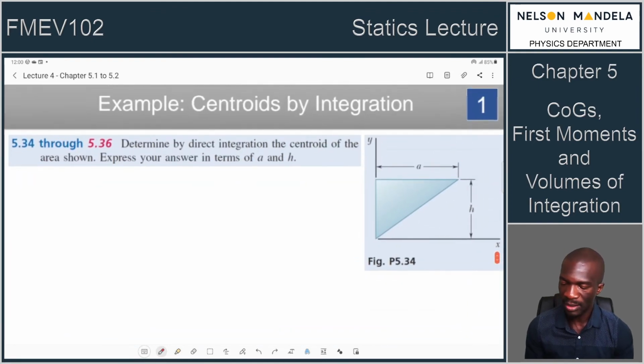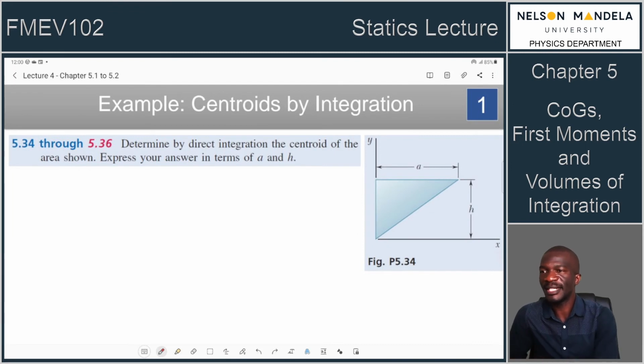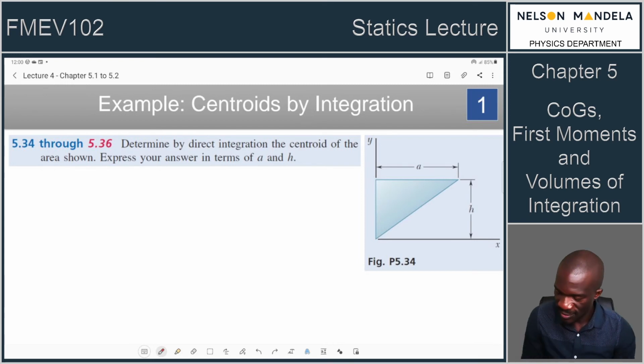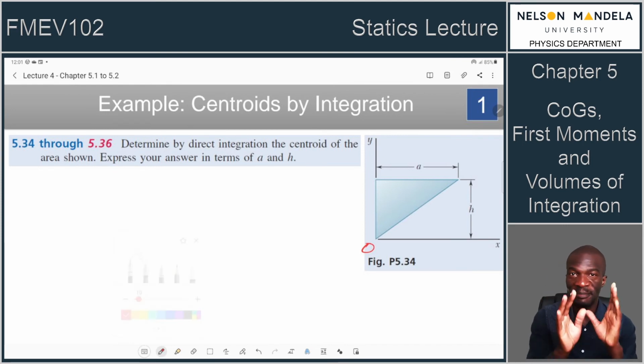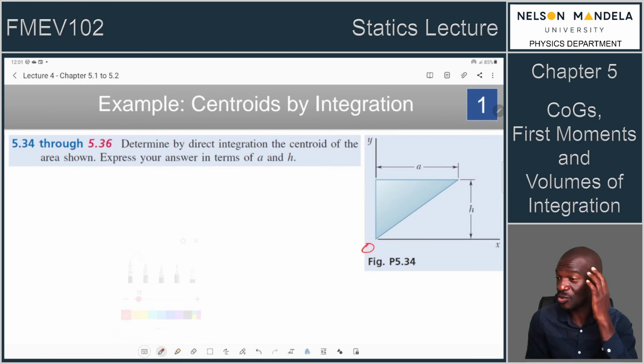An example for the centroids by integration is supplied here. You want to determine, by direct integration, the centroid of the area shown. Express your answer in terms of A and H. Right, so for this shape, obviously this is our origin. Let's annotate the shape. Remember, we want to find a strip, so let's choose one.